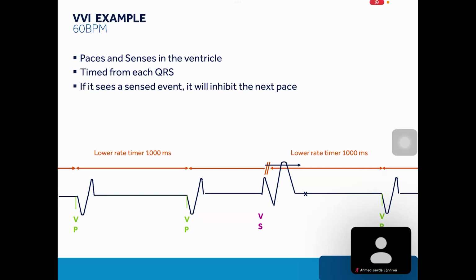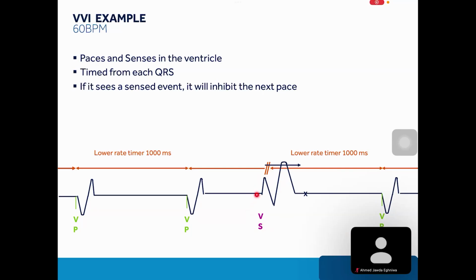If this patient comes to you and you notice that the patient has no intrinsic rhythm at all, but there is oversensing here. It is not an actual beat. It is noise, and this patient comes to you with syncope.